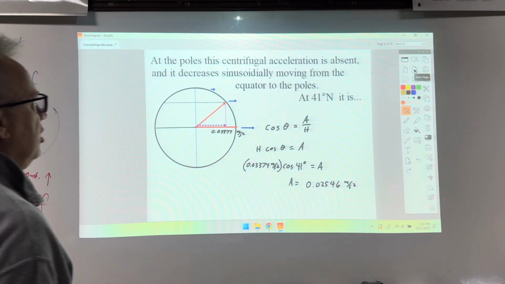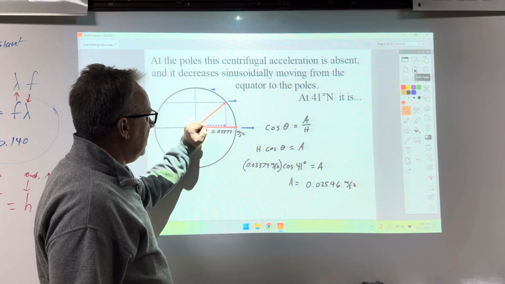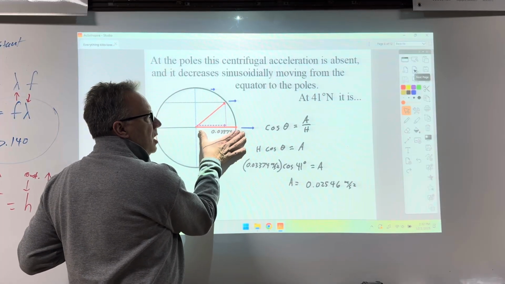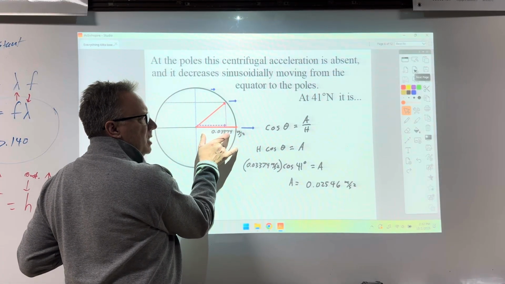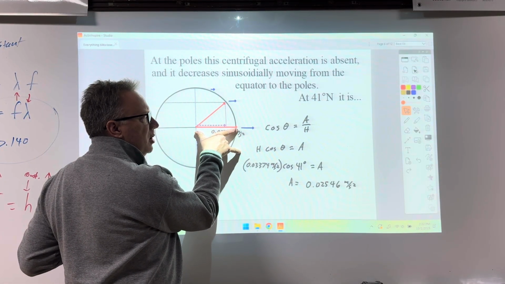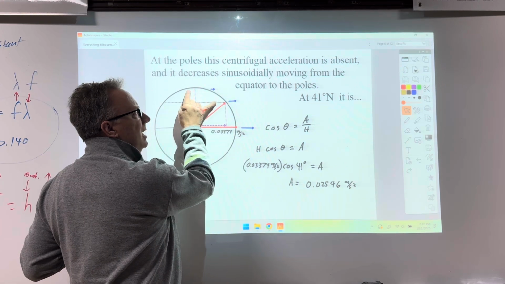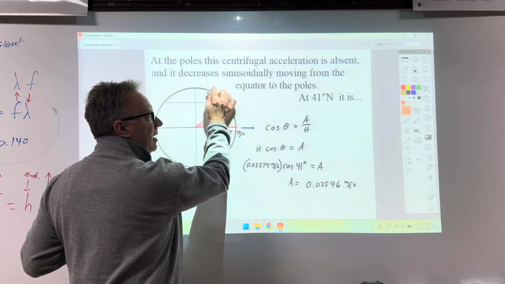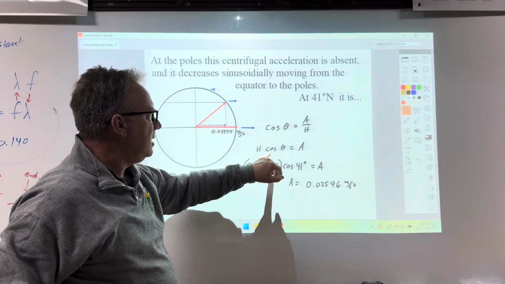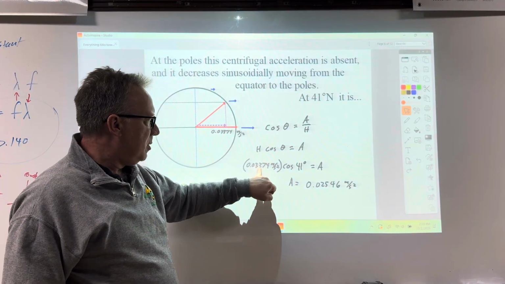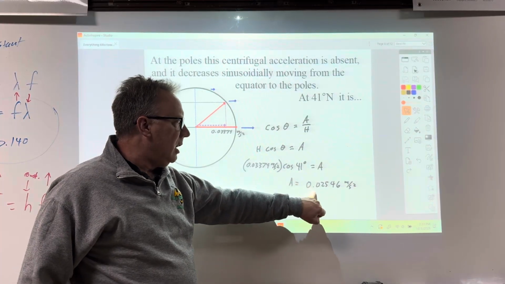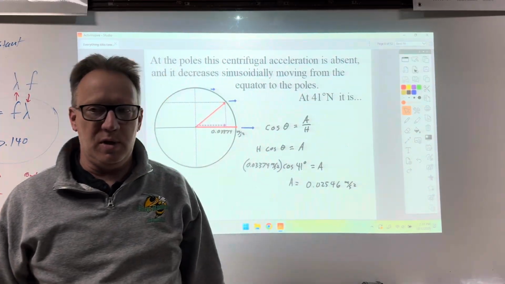Okay, so if we work out the length of this side at 41 degrees, where it's 0.03374 meters per second squared at the equator, it's less and less everywhere else. At 41 degrees, that's 0.03374 meters per second squared times cosine of 41, which gives us 0.02546 meters per second squared.